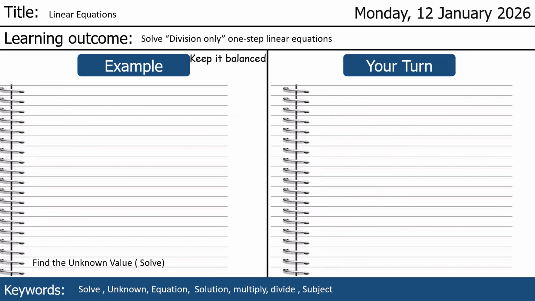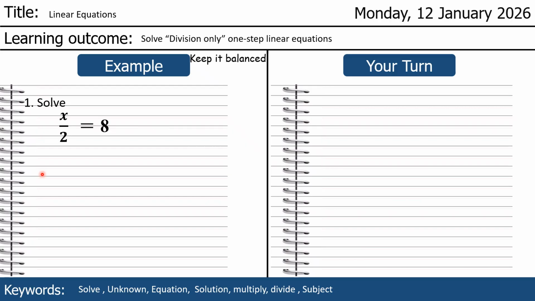Okay, let's use the reverse method to solve equations with division. So equations that have division in them. So let's start with the first one. Here we have x divided by 2 is equal to 8. Now the reverse of dividing by 2 is multiplying by 2.